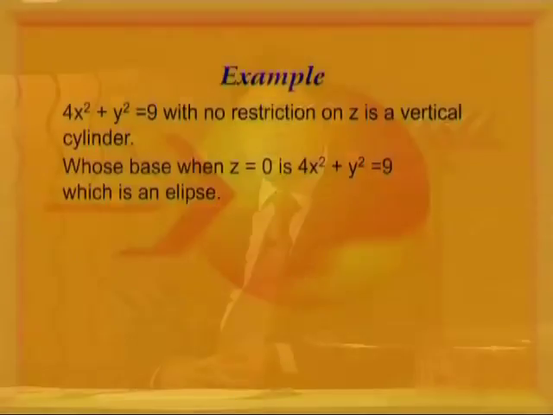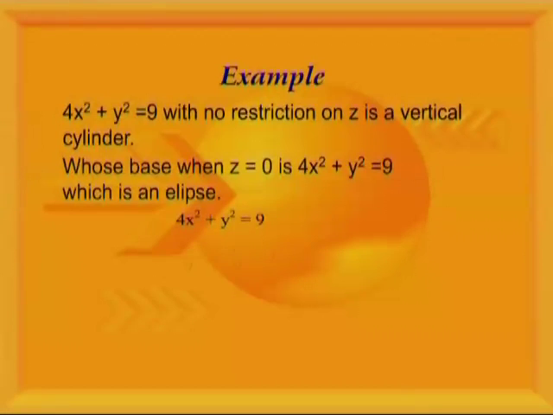So for finding the limits, we trace this region which is bounded by the ellipse as I mentioned. So let us draw this region. 4x square plus y square is equal to 9 can be written as x square divided by square of 3 by 2 plus y square divided by square of 3 is equal to 1.